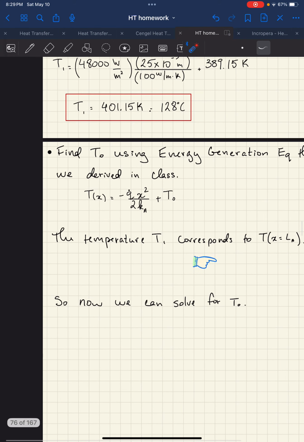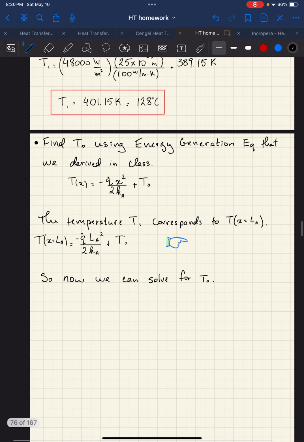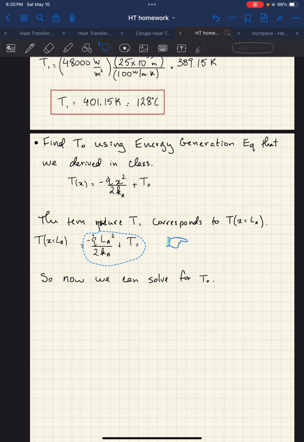So basically we're going to plug in x equal to LA. I put in LA, and then I can move this to the left-hand side, and I get my T0. So let's do it here. T of x equal to LA is minus Q dot LA squared over 2 K sub A plus T0. And by the way, what is T at x equal to LA?